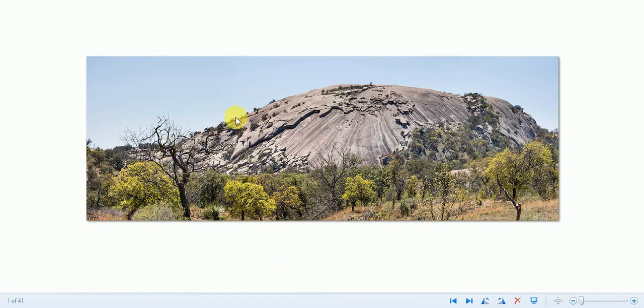This is a big rock forming a dome, and see here, the surface is exfoliated. This is formed due to the unloading process. The overlying rocks were removed due to erosion, and because of that pressure is released and the surface is peeling off, and this is known as exfoliation domes.